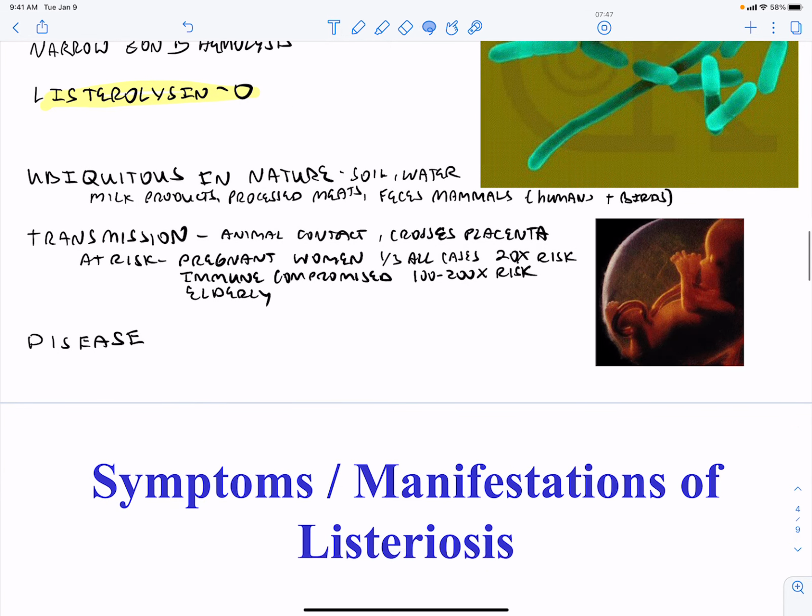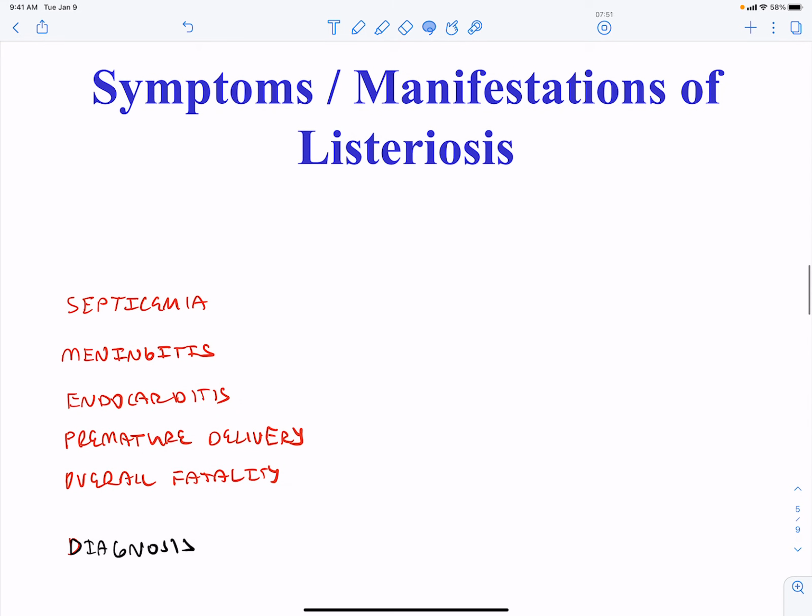So let's just talk about the disease with respect to symptoms. You have about 1 to 6 weeks after the exposure to Listeria, you're going to get flu-like symptoms.